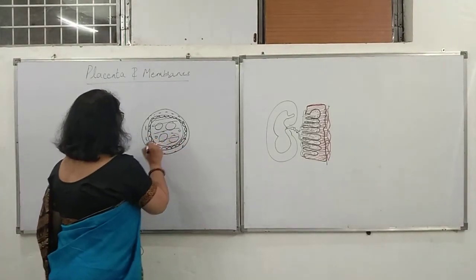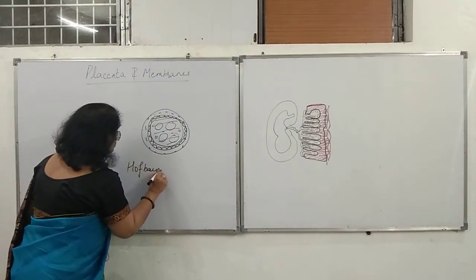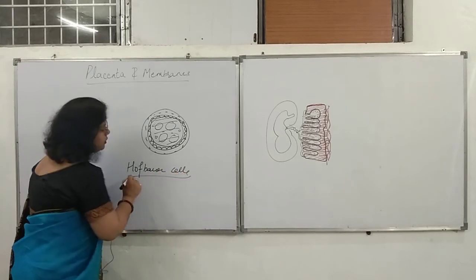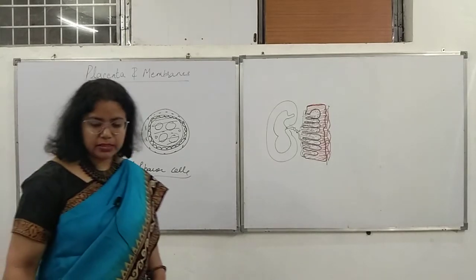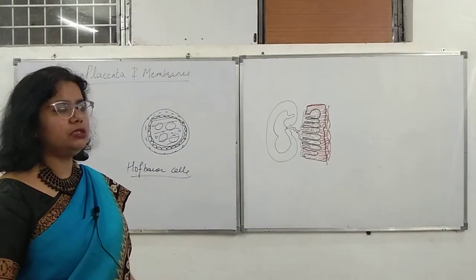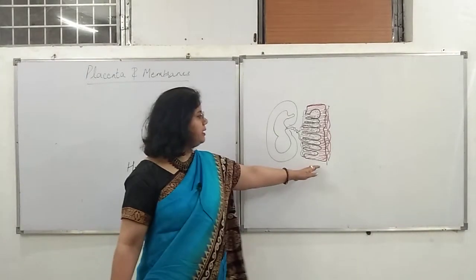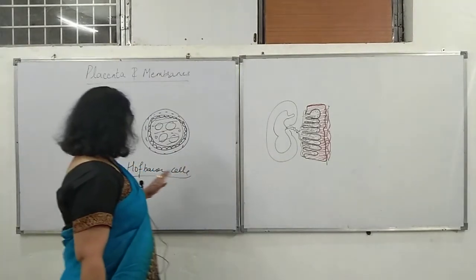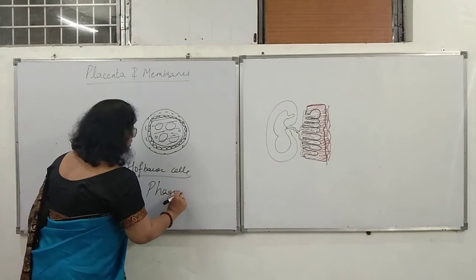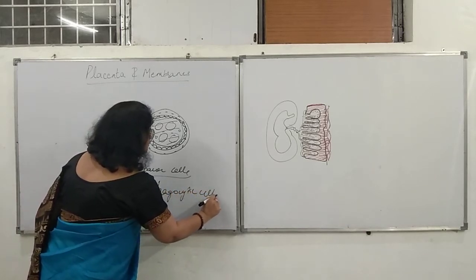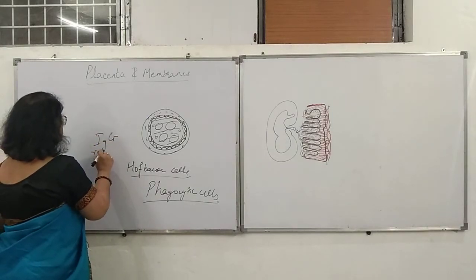The phagocytic cells are called Hofbauer cells. And what is the importance of these phagocytic Hofbauer cells? They are the cells that are involved in the transportation of IgG antibodies from maternal side to the fetal circulation. They have got IgG receptors.